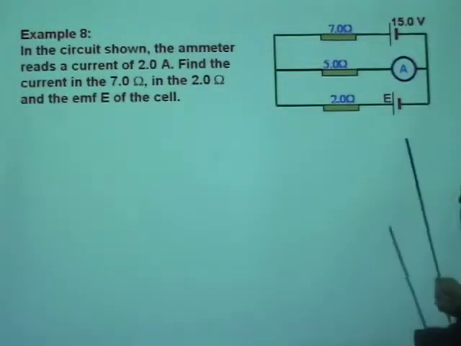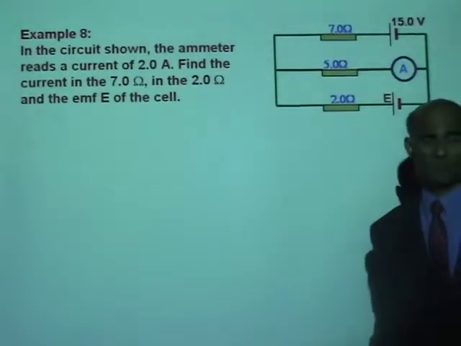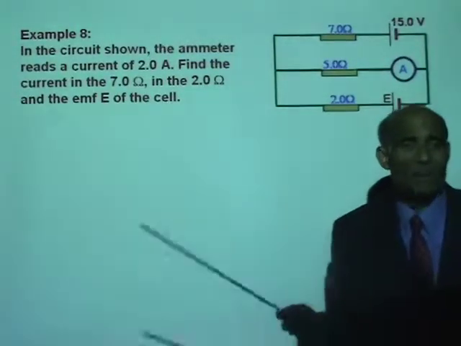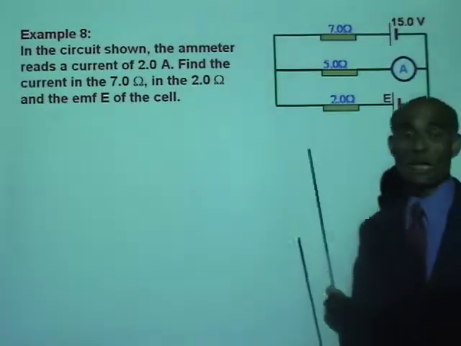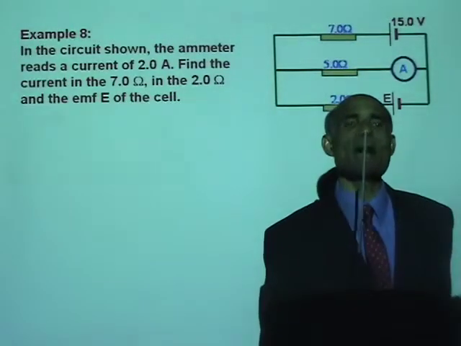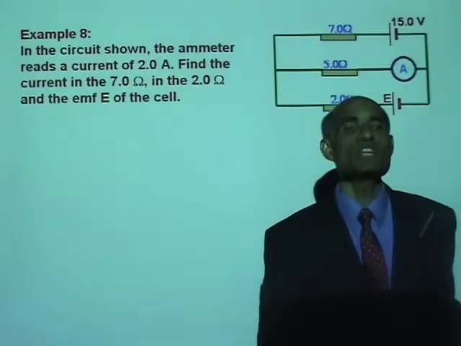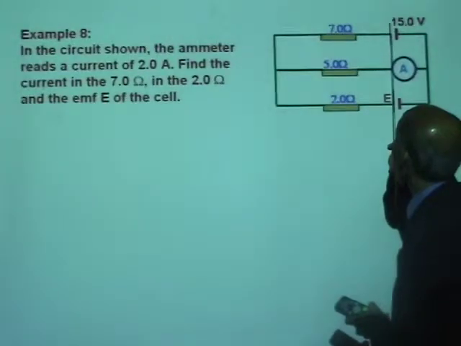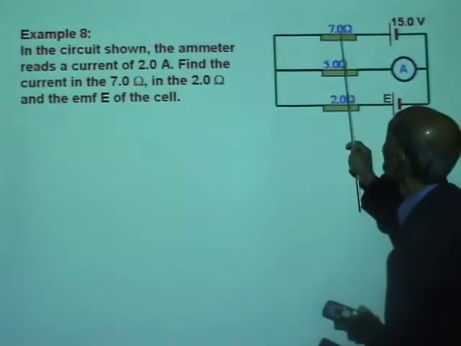Okay, what we first need to do is decide what direction the current is flowing. Remember that current always starts from the positive of a battery and ends in the negative. So, let's say that this battery sends a current this direction. Watch the direction I'm tracing.